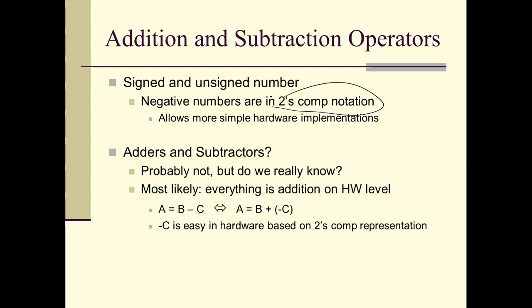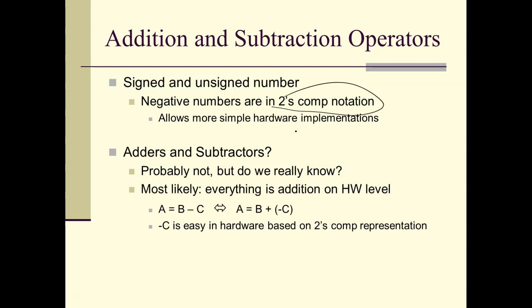Another issue is adders and subtractors. We're talking about ripple carry adders, of course, but does that mean I need a ripple carry subtractor or something like that? And I don't know. I mean, essentially, when I'm using addition operations and subtraction operations as part of Verilog, I don't really know whether the hardware generates a subtractor for me or not.